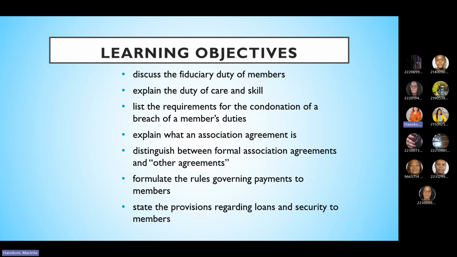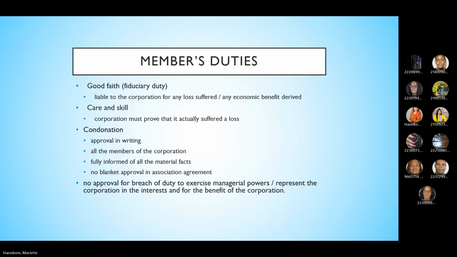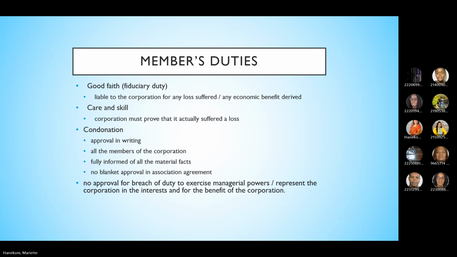So your learning objectives, remember to always go back to them and make sure that you have met those objectives. Starting off internal relations, looking very briefly at certain common law duties of members of a close corporation.